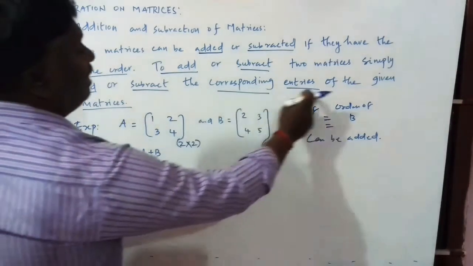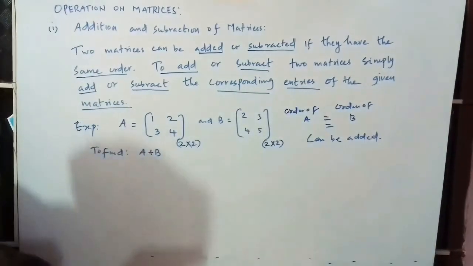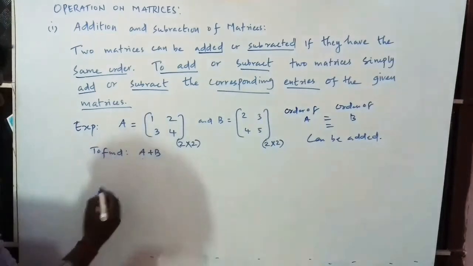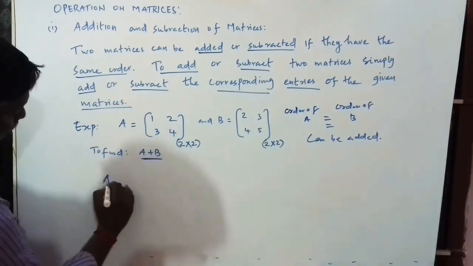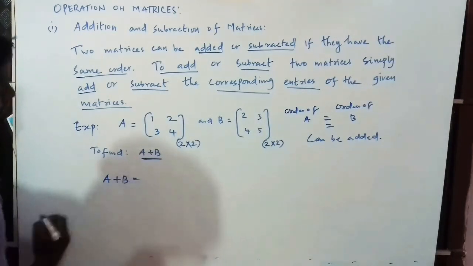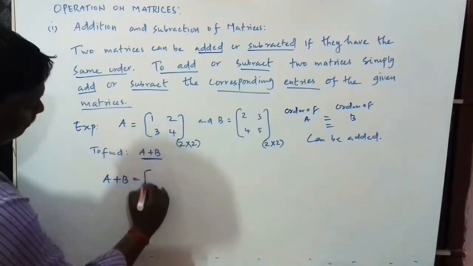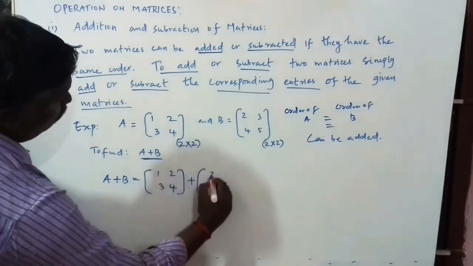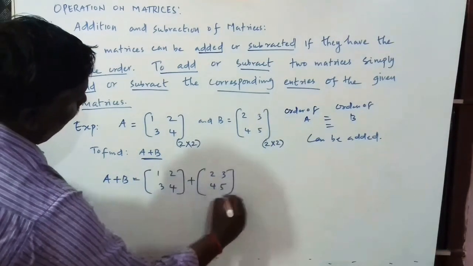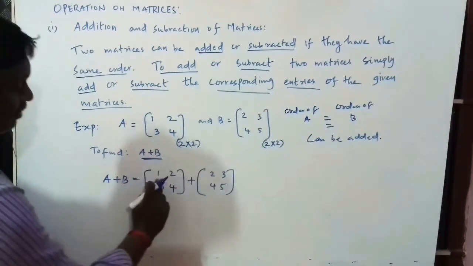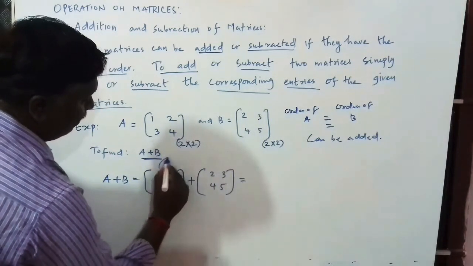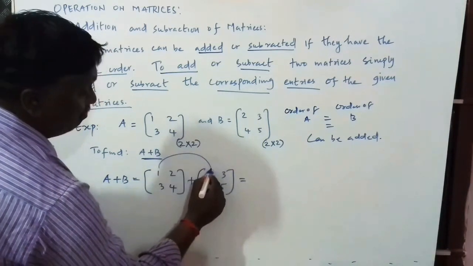Therefore, add the corresponding entries of A and B. What do we find? A plus B, which is equal to: matrix A is 1, 2, 3, 4 and matrix B is 2, 3, 4, 5, adding the corresponding entries. First element plus first element.